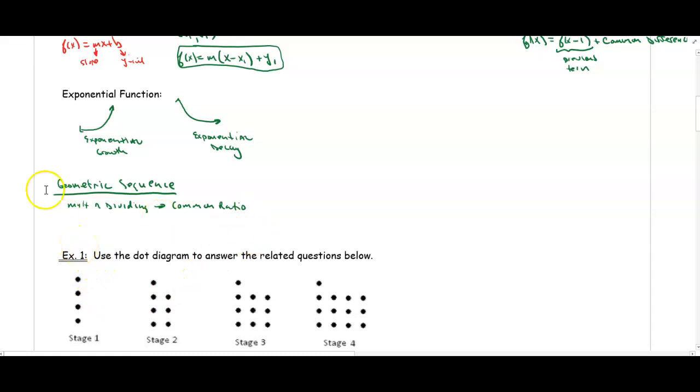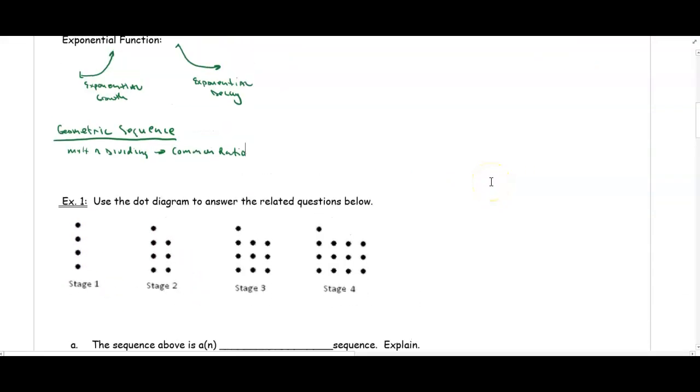Okay, so right away when we look at this, we have to write the recursive and explicit rule for this. Now, the explicit rule.